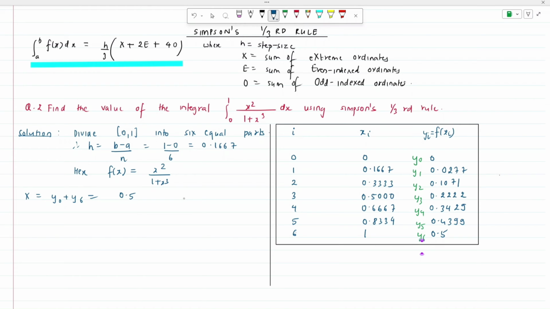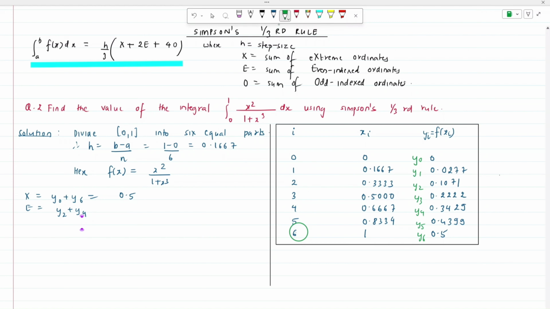Then we need E, which is the sum of even ordinates. So the even ordinates are going to be y2 plus y4. Now some of you might think that y6 is also an even ordinate. That's true, but since you have already counted y6 in the sum of extremes, you are not going to count it twice.